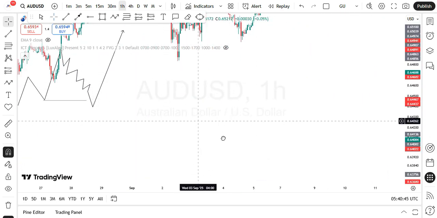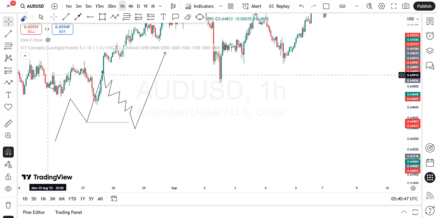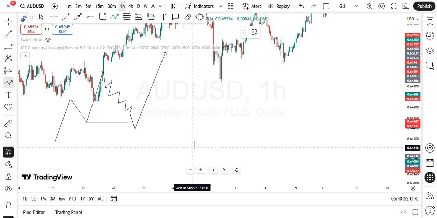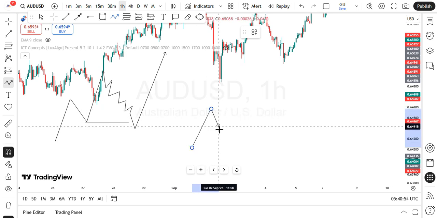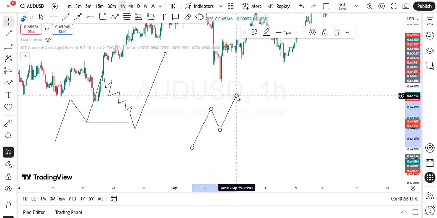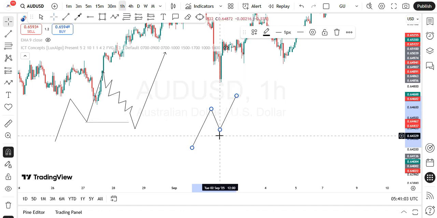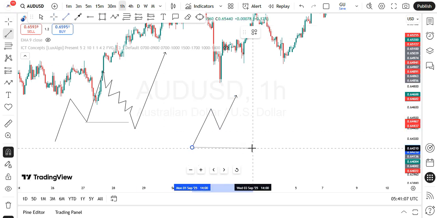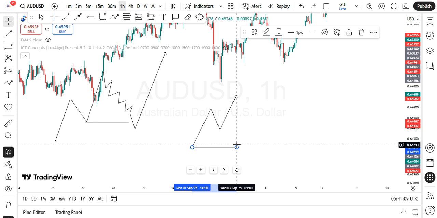For me, over the years of study on the chart, I consider structural level to not be the last low that produced the recent high, which is this very low. I consider it to be the last two lows. Yes, I consider it to be the last two lows. Why is it so?